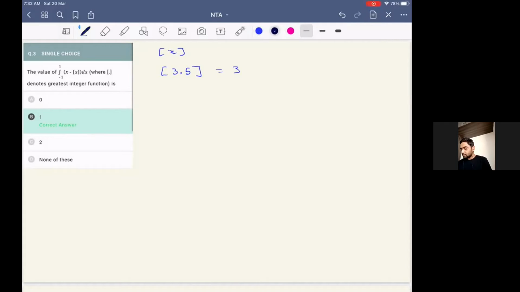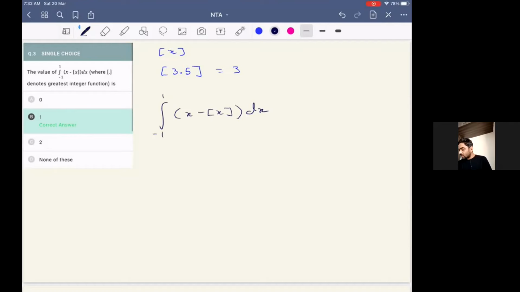The question is, we have to find the value of the integral from minus 1 to 1 of x minus greatest integer of x dx. Now if I talk about x minus greatest integer of x, can I say that this value will be the same as the fractional part of x?